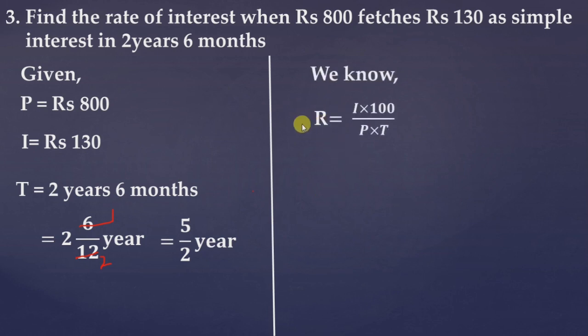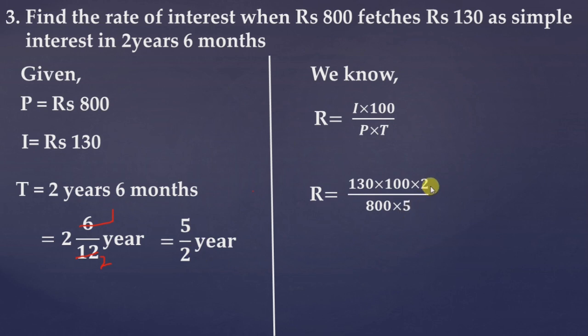We need to find the rate. R is equal to I into 100 divided by P into T. I is 130 into 100. P is 800 into time is 5 by 2.